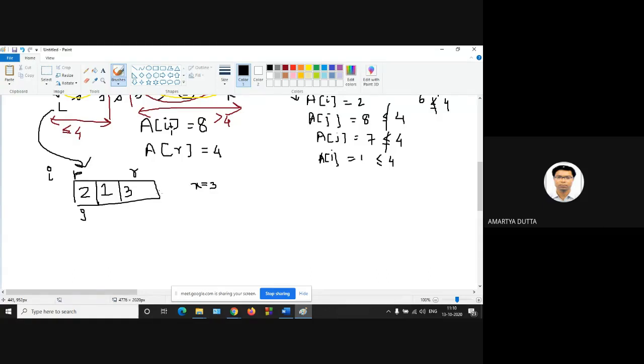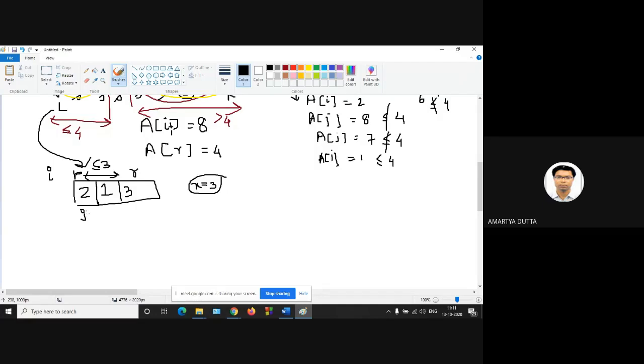By default, this 3 is placed in its proper position; every element before 3 is less than or equal to 3. Please examine it carefully. Here X is 3.